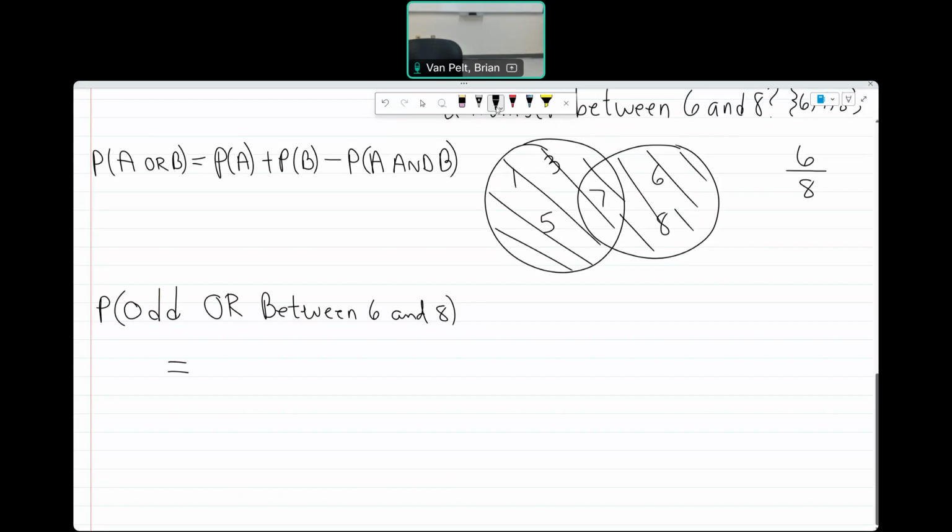So what we do is this, break it up. I've got the probability of it being odd, plus the probability that you're between 6 and 8.